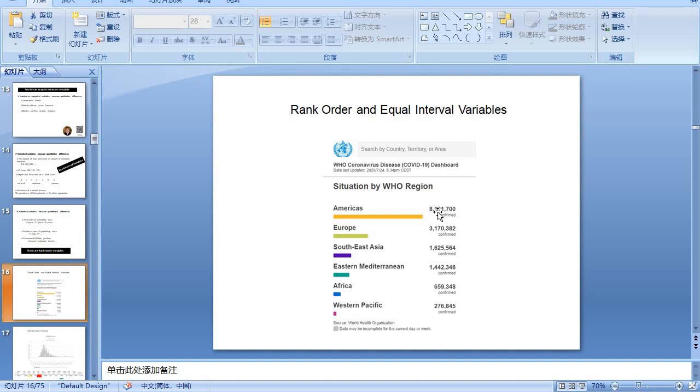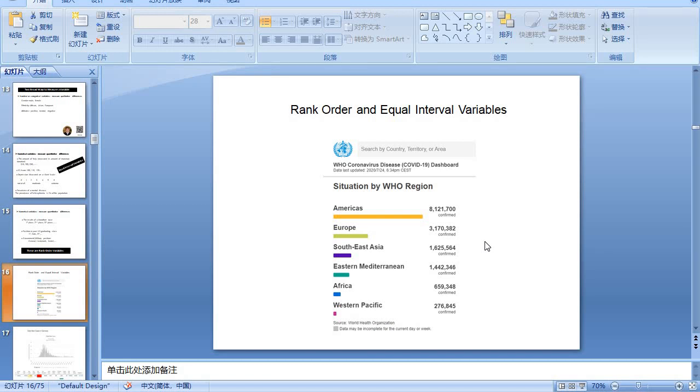You can count exactly how many cases it has. Europe has more than 3 million cases. And Western Pacific, on the other hand, has about 845 cases.